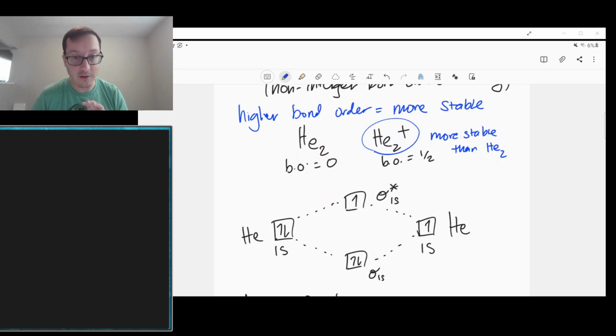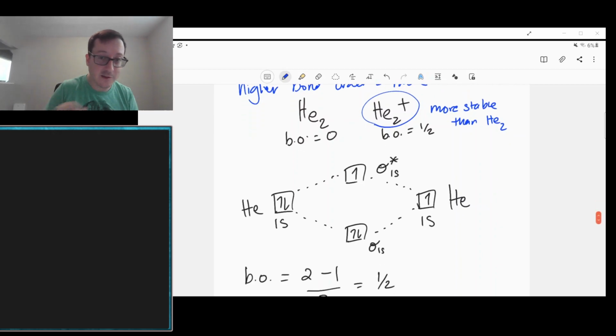We're not going to be able to say, well, He2 plus versus H2. They're not the same elements involved, so you can't really compare them. We can compare them if they're similar enough, and usually that means we're just changing the charge.